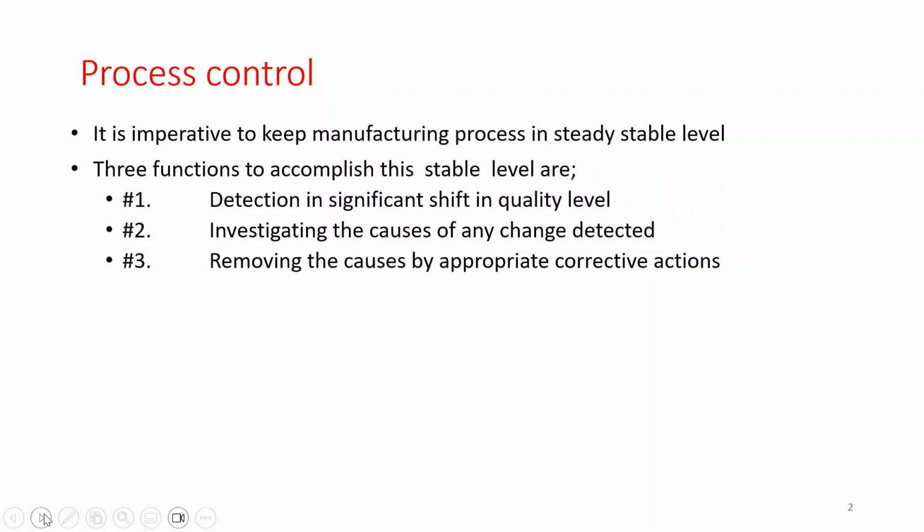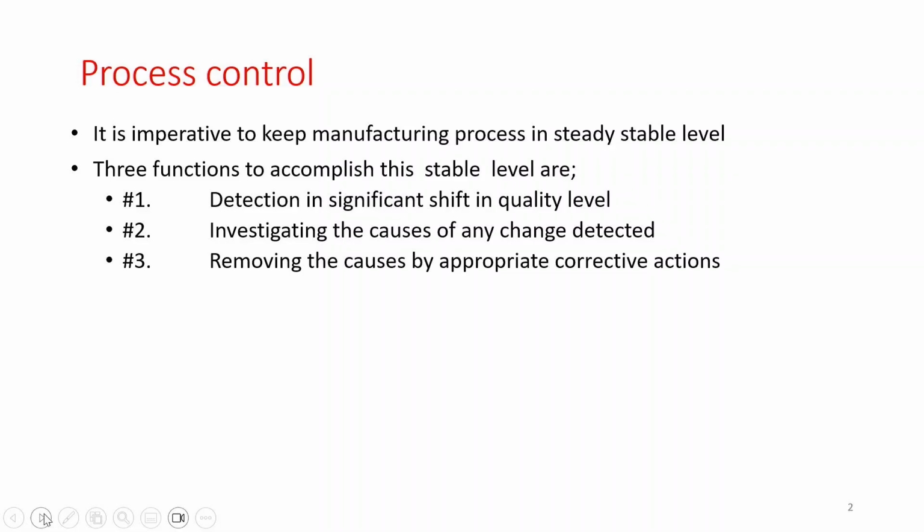Detection of significant shift, that is most important. Whenever we are trying to measure some parameter, we need to know whether it has really changed significantly or not. Otherwise, we may take unnecessary action when there is no real shift. So therefore, point number one is very, very important.